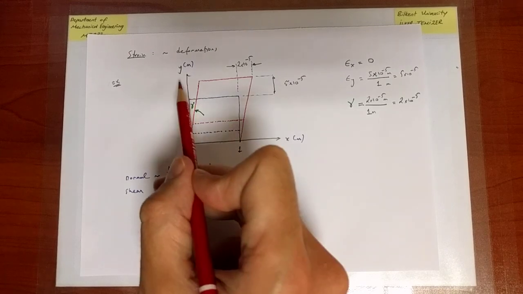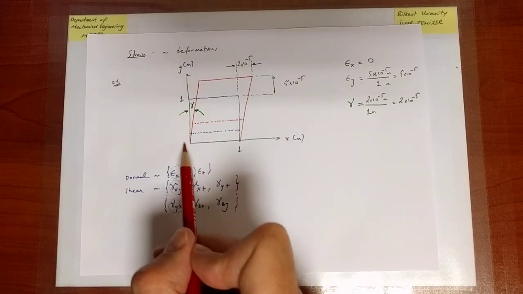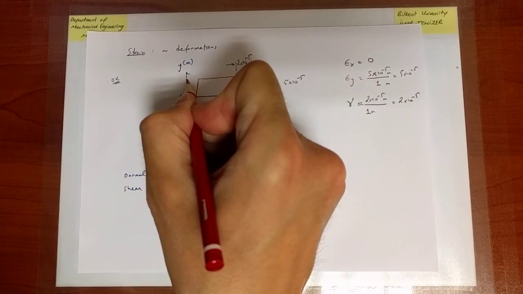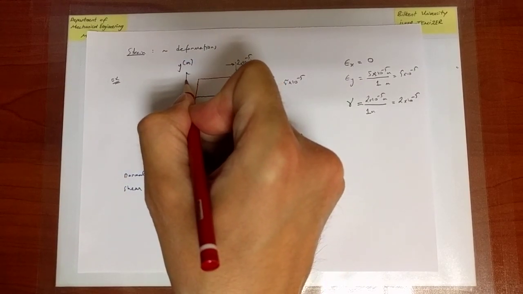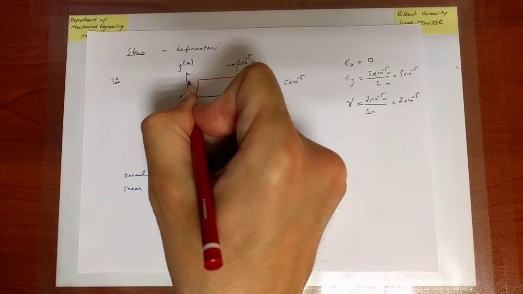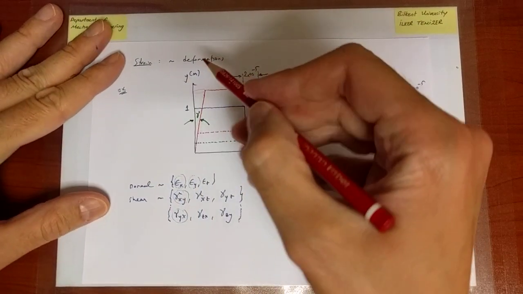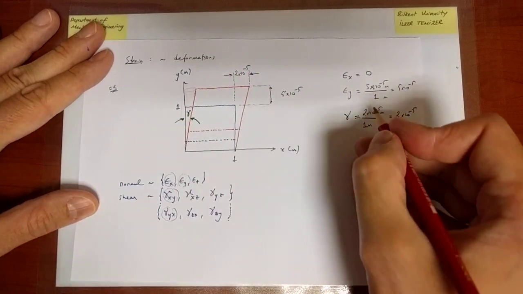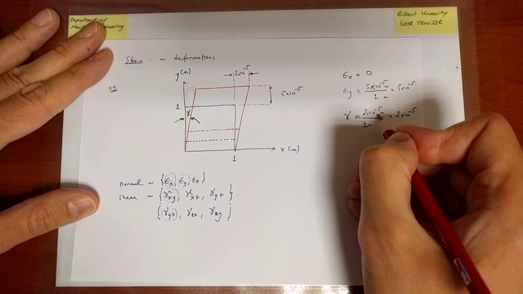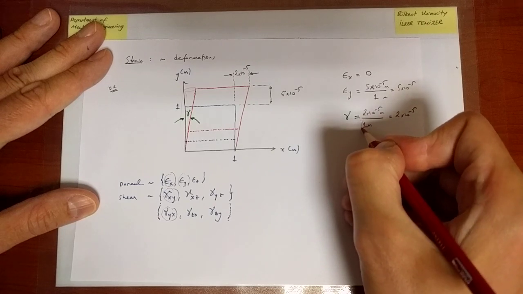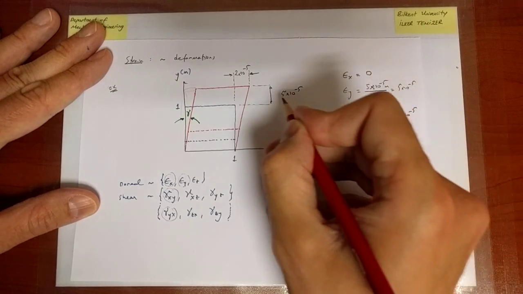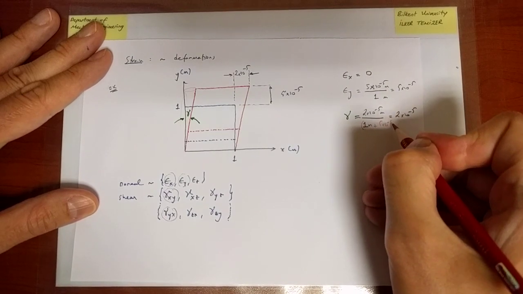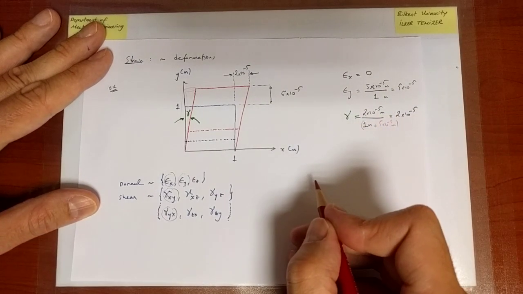Well, first let's calculate it: divide this value over the vertical value. So that would be 2 times 10 to the minus 5 divided by 1 plus 5 times 10 to the minus 5 meters.